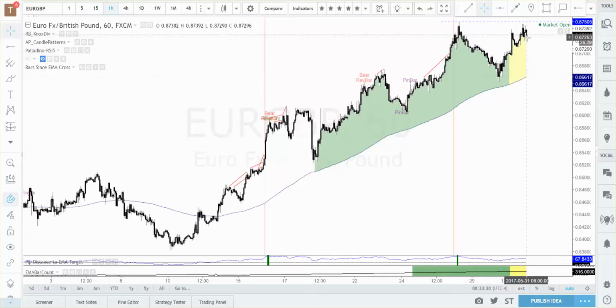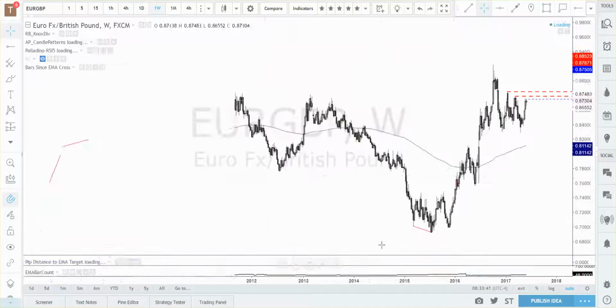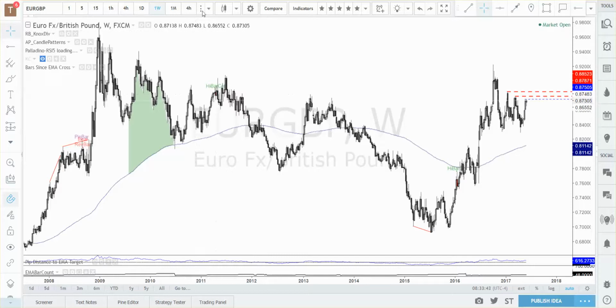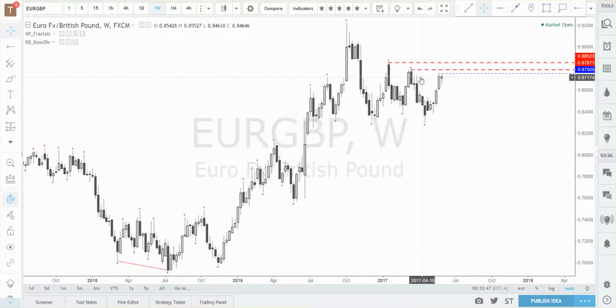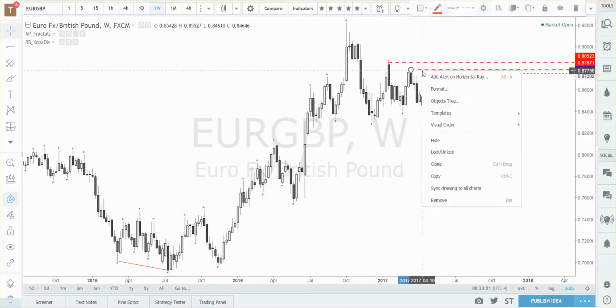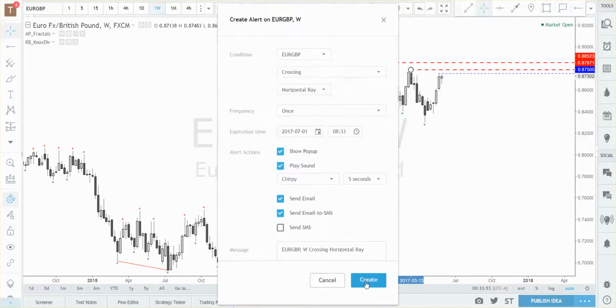and go have some Indian today or something. But what I'm also looking for is if we do break this level, which is very possible, we can move up to a weekly chart, and on the weekly chart we have two levels up here. I'm actually going to put some alerts here.